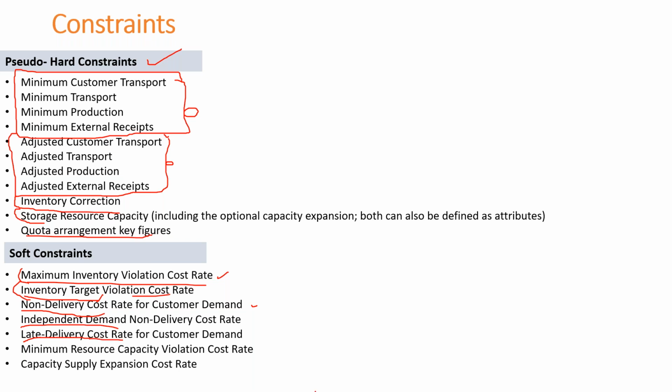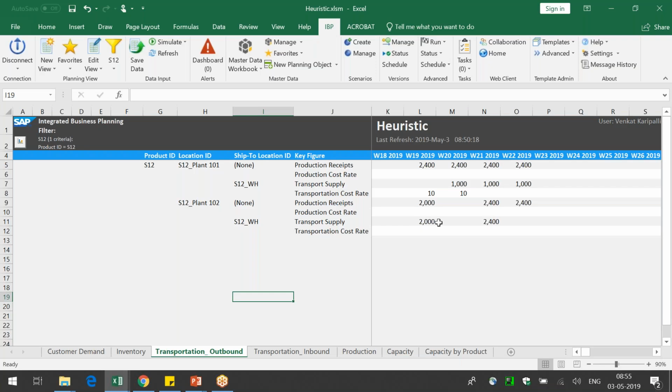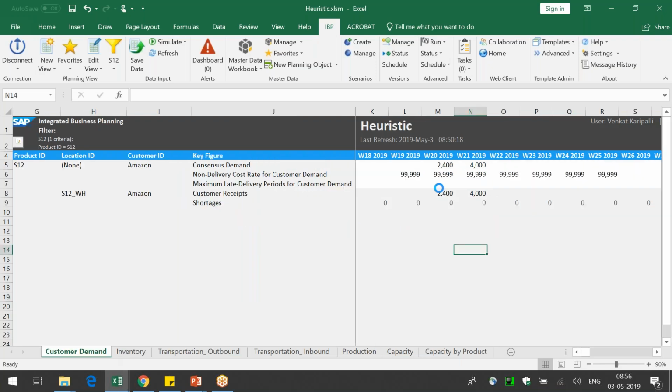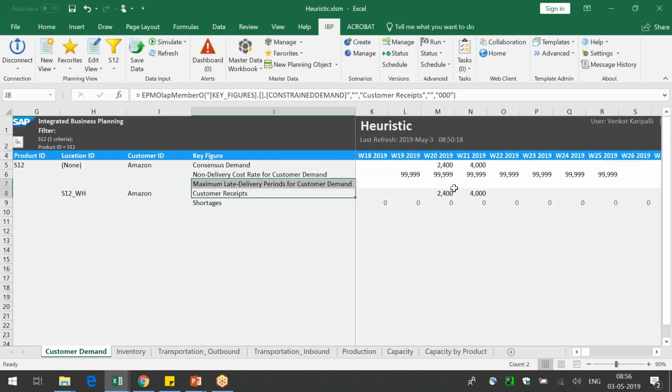So that means, because if you're sending it late, you'll obviously incur some cost, right? I haven't maintained any costs here, but if I maintain a cost that if I am delivering this product late, I'll incur this much cost, then optimizer will do a comparison: is it profitable to supply this late or not?